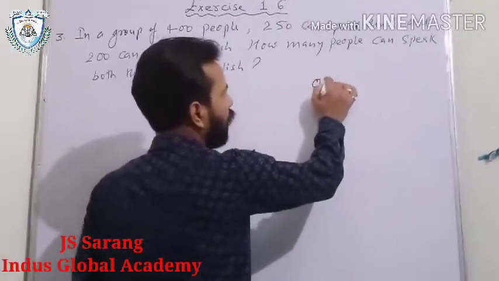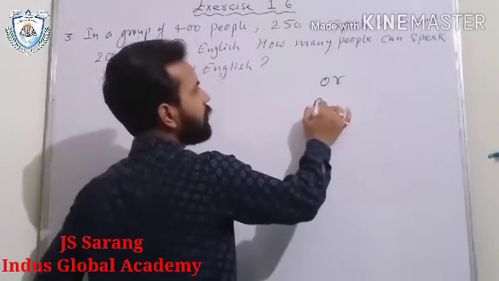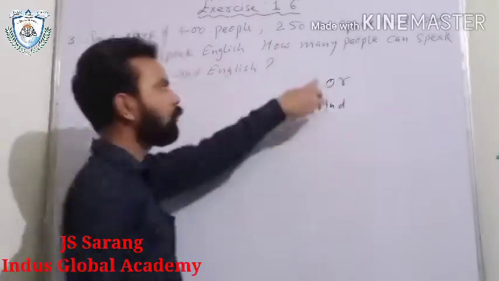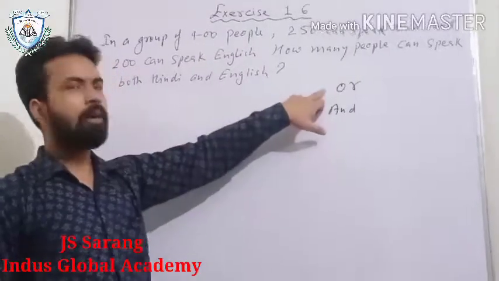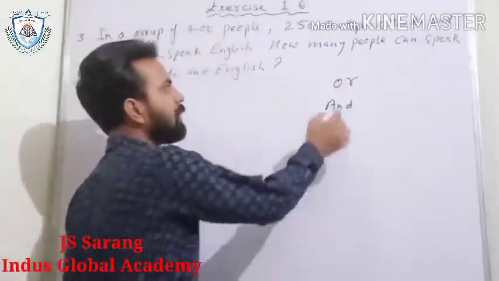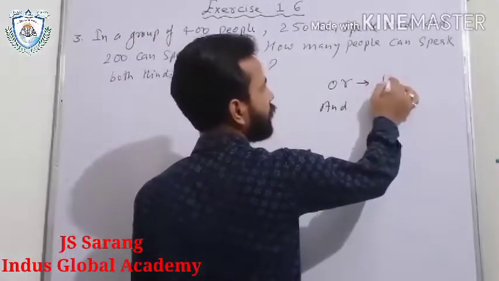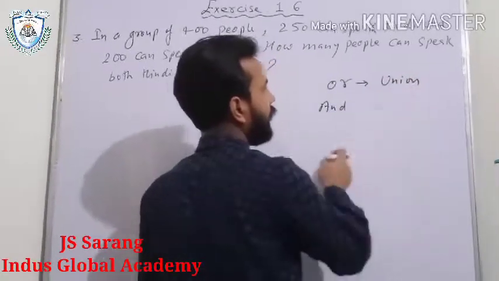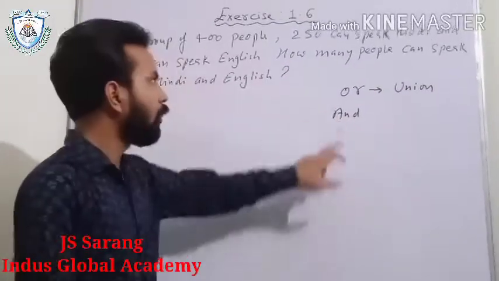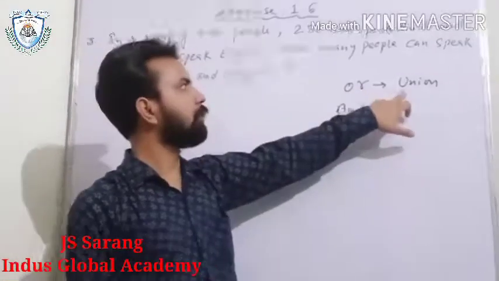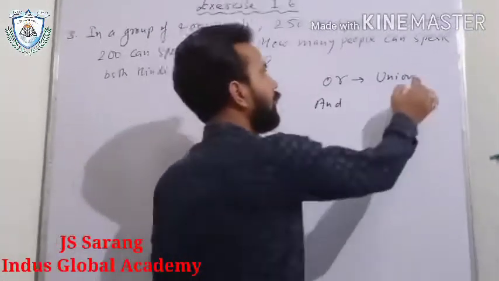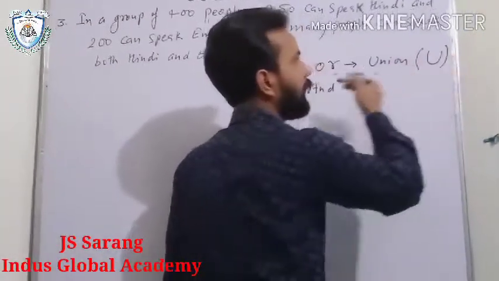One word is "or" and another word is "and". There are two words. Whenever "or" will be there, that means union. Wherever "or" will be there, we will use union. The symbol of union you know, like this.